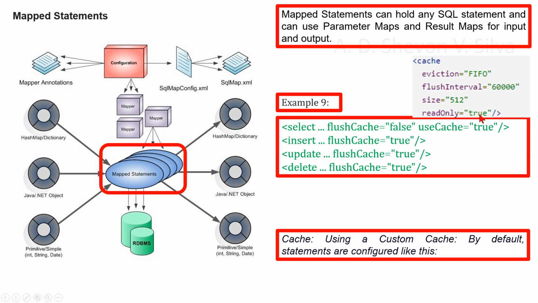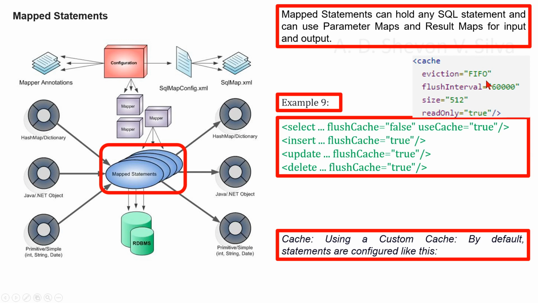Thus modifying them could cause conflict between callers and different threads. The available eviction policies are: LRU, least recently used, removes objects that haven't been used for the longest period of time.